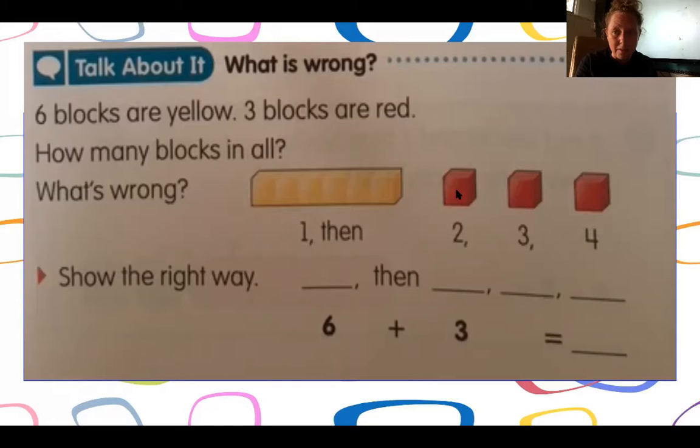And then I've got another block labeled 2, another block labeled 3, and another block labeled 4. Let me read the problem again while you look at the picture. 6 blocks are yellow. 3 blocks are red. How many blocks in all? What's wrong? Turn and talk to someone near you.